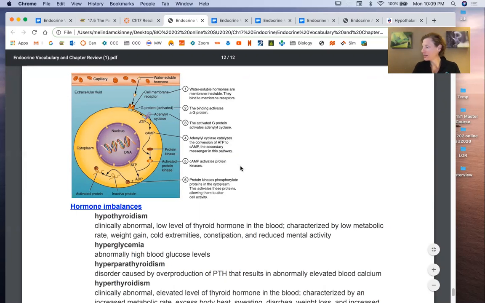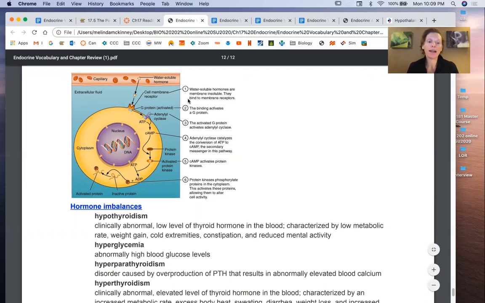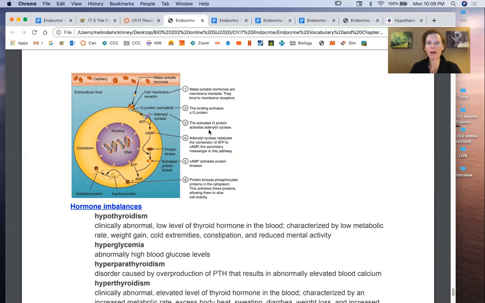Just a few more things. I don't want to go too long, so I really am just giving you an overview. Hormone imbalances: if you have a lot of something, hyperthyroidism is where you have a lot of whatever hormone is being secreted by that gland.